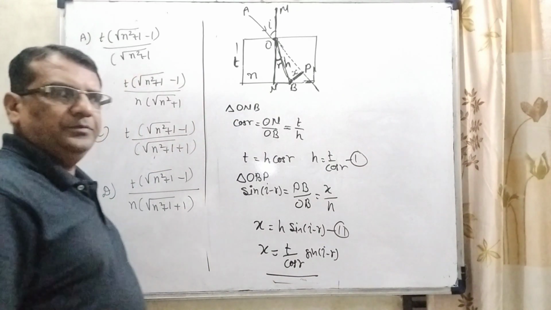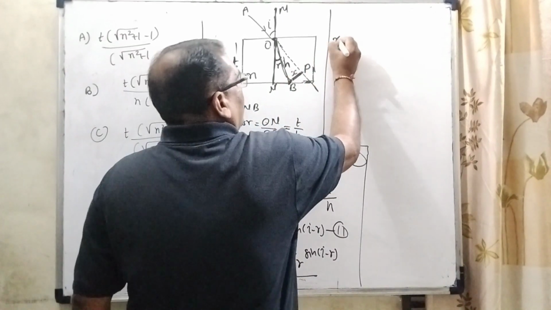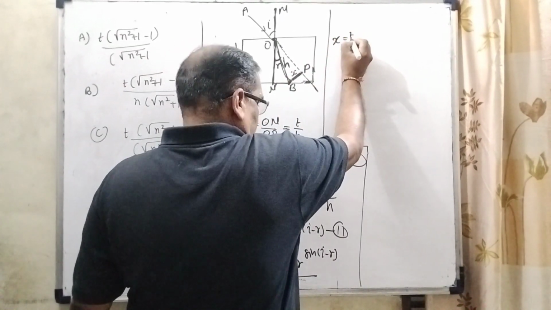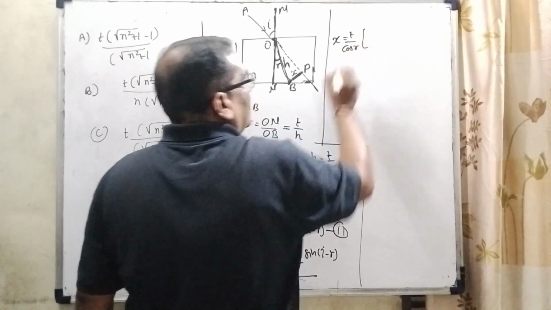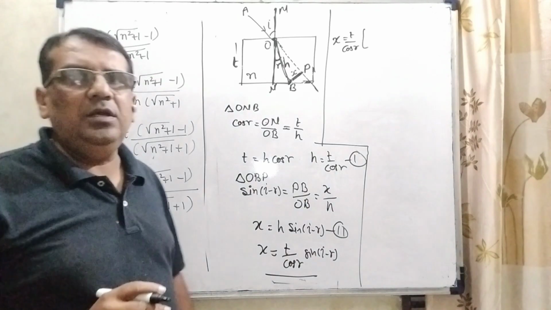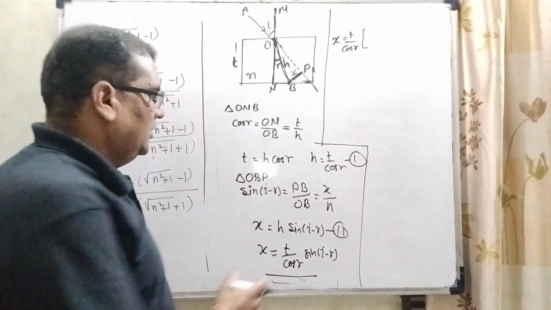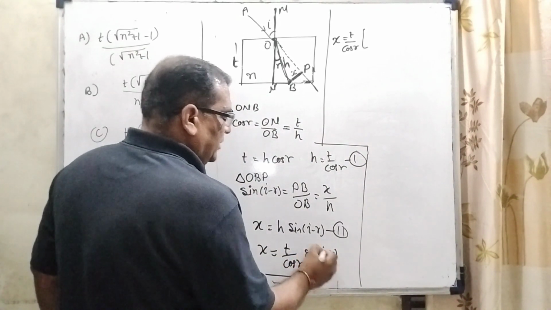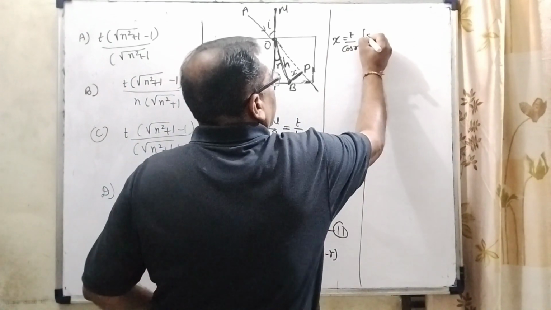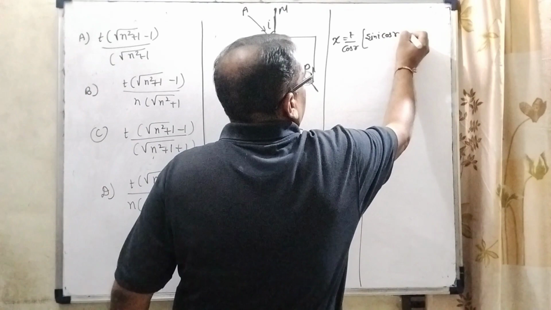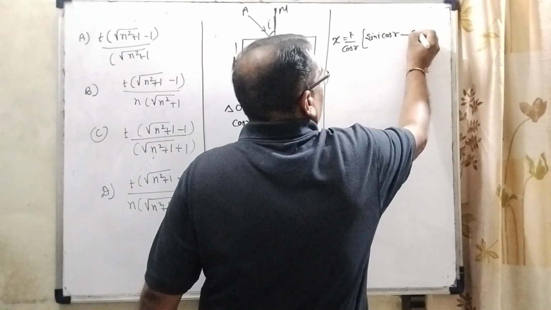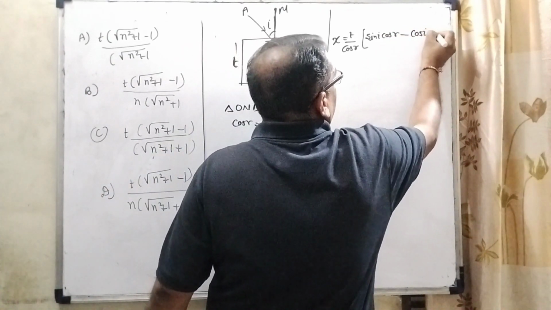Now we know the expansion of sine A minus B: sine A cos B minus cos A sine B. So using it, sine of i minus r is sine i cos r minus cos i sine r.